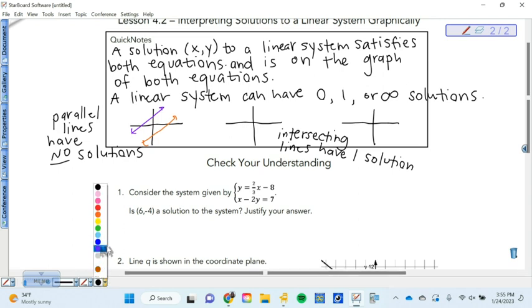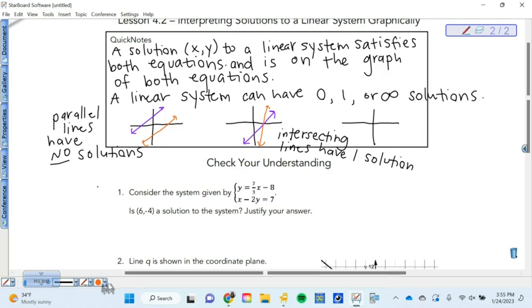So they could be perpendicular, but not necessarily. So intersecting lines have one solution, parallel lines have no solutions.